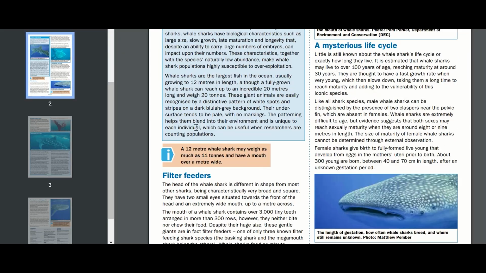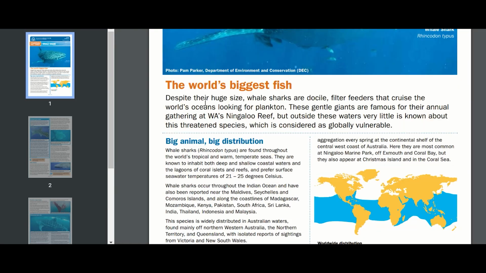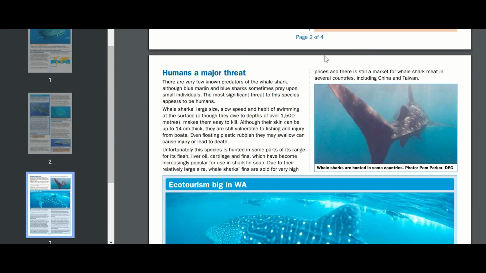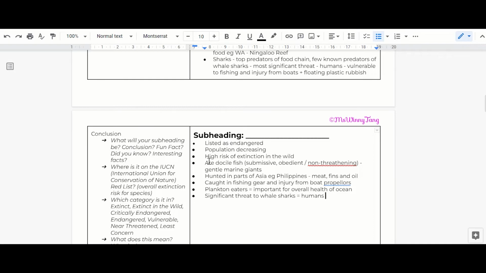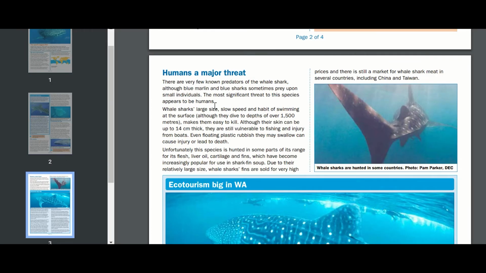Okay, we're going to have a look at fisheries fact sheet. Humans a major threat. Whale sharks' large size, slow speed, and habit of swimming at the surface makes them easy to kill.